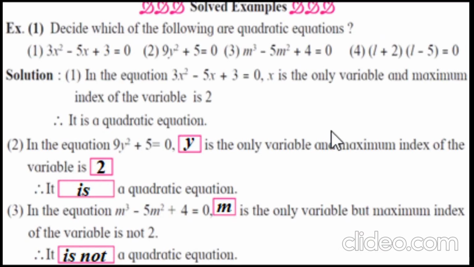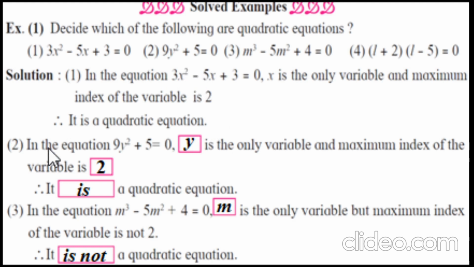Next, let's see some of the solved examples. Decide which of the following are quadratic equations. First is 3x square minus 5x plus 3 is equal to 0. X is the only variable and the maximum index of the variable is 2. So therefore it is a quadratic equation. This is already solved. See here, x is the only variable and the maximum index is 2.